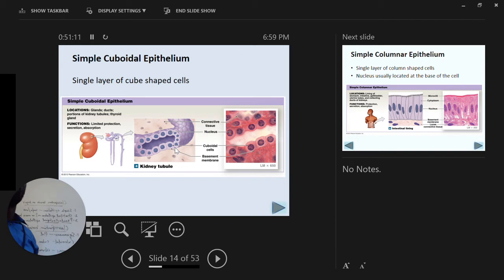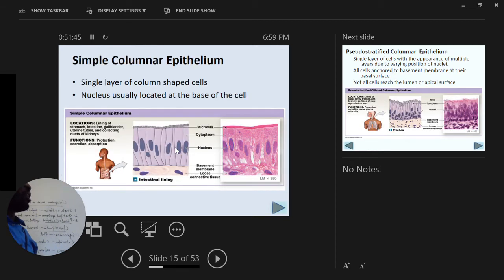Yeah, if they do absorption, then kidney, right? So then they also protect. And so you will see them in glands, in ducts, portions of the kidney tubules as well. You see them in the thyroid gland as well. And majorly, they are cuboidal cells. You can see the way they appear. They are not like flat cells. They are cuboidal cells. All right.